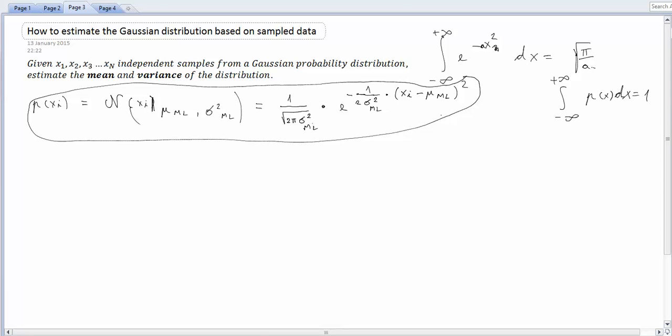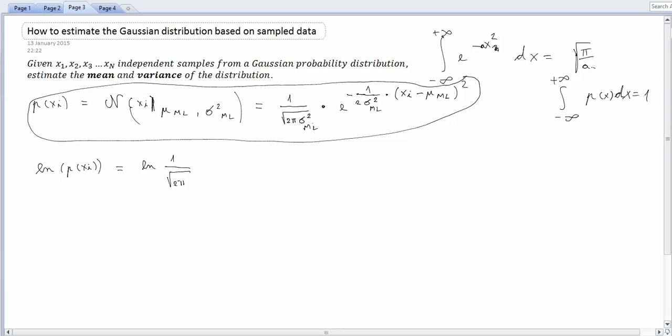So I get this distribution and we have to maximize the sum of the logarithms. So we would be wise to look at the logarithm of p of xi first, which is equal to, so the logarithm of a product is a sum of logarithms. I'm just going to go slowly here.